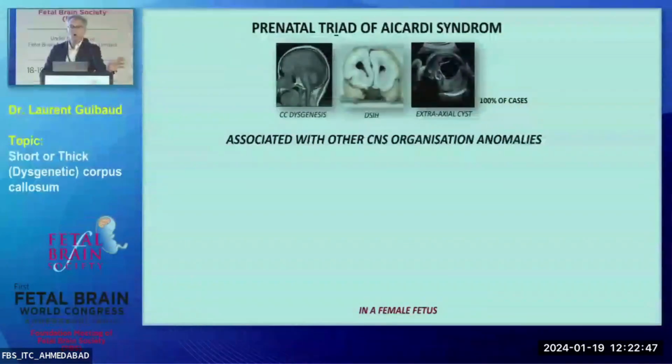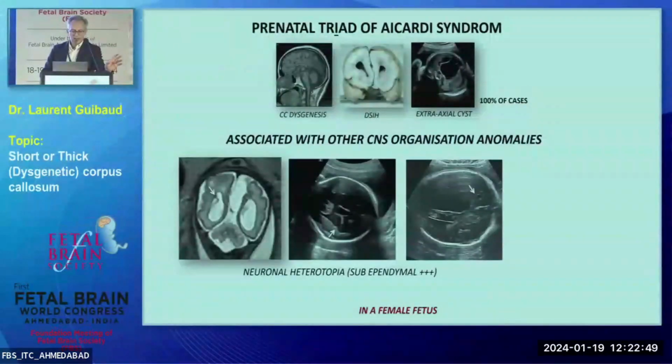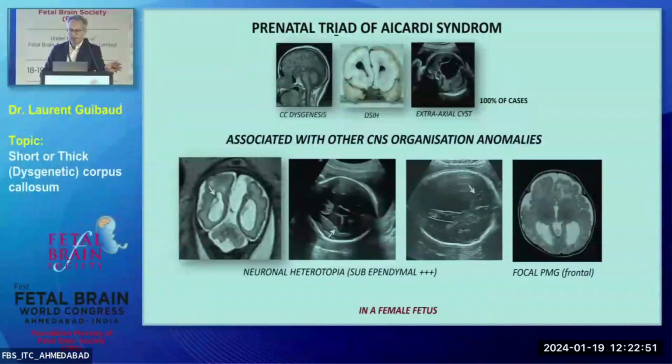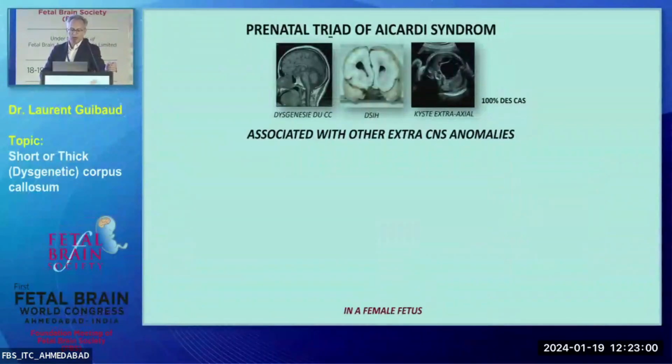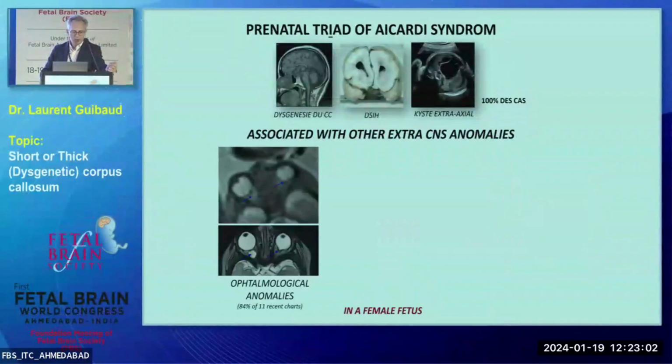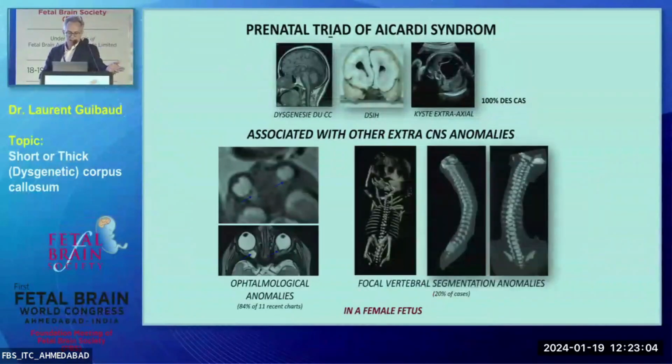There are also other anomalies, mainly neuronal heterotopia, but also focal polymicrogyria, in a female fetus in more than 90% of cases, but also other extra-CNS anomalies, ophthalmological anomalies, and focal vertebral segmentation, as I showed you.